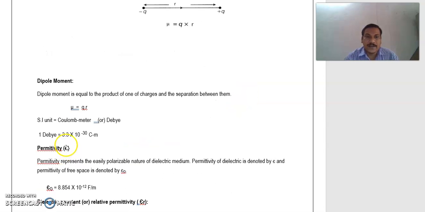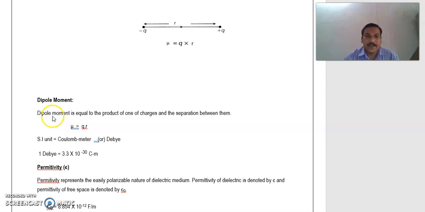Next, dipole moment. Dipole moment is equal to the product of one of the charges and the separation between the two charges. Here the dipole moment is denoted by mu. Mu is equal to q into r, where q is the charge and r is the distance between the two charges.